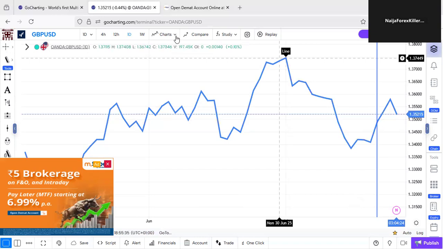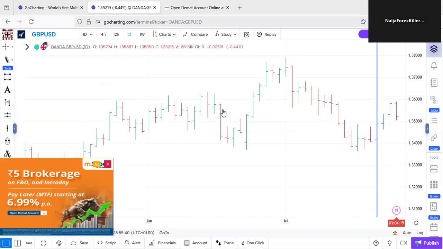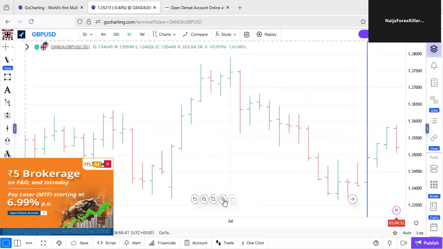Why this bar chart? The bar chart. I don't usually use this, but I understand how it works. It's also working like candlestick, but in another form. Once you understand candlesticks, you can understand this one a bit.